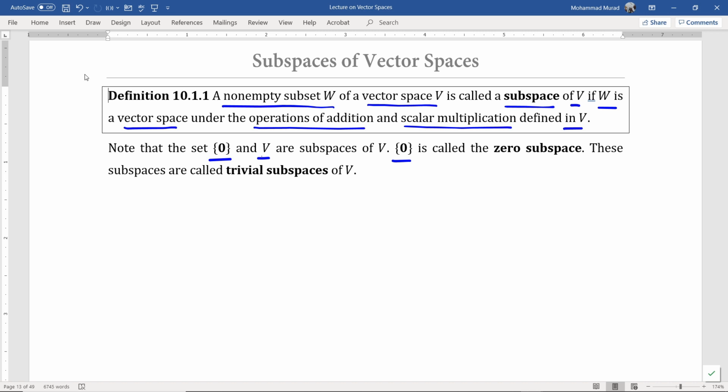It satisfies all the 10 axioms in the definition of a vector space. These subspaces are called trivial subspaces of V. In this lecture, we will be interested in subspaces which are not trivial. Those subspaces are called non-trivial subspaces.